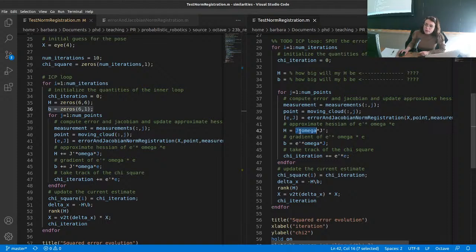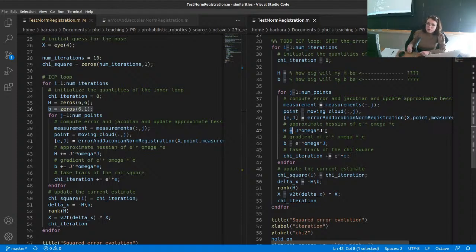And anyway, you remember the theory and you remember that the correct formula is J transpose omega J. This is not the only error. There is one more, which is that the plus is missing.